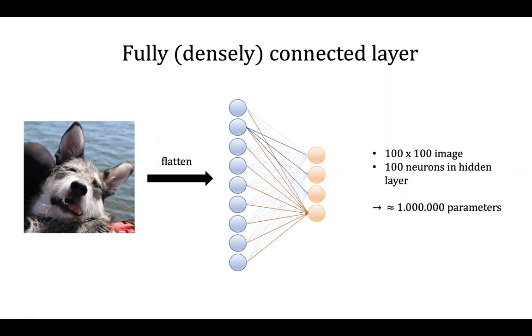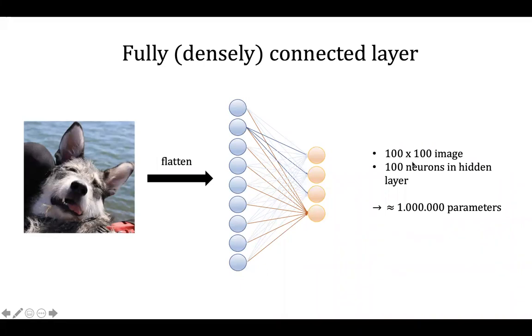For the classification task, we had a 2D tensor, the image with height and width and grayscale. What we did was flatten this input into a 1D tensor and feed it to the network. If you think about the scalability of this kind of network, for example, we have a 100 by 100 pixel image.